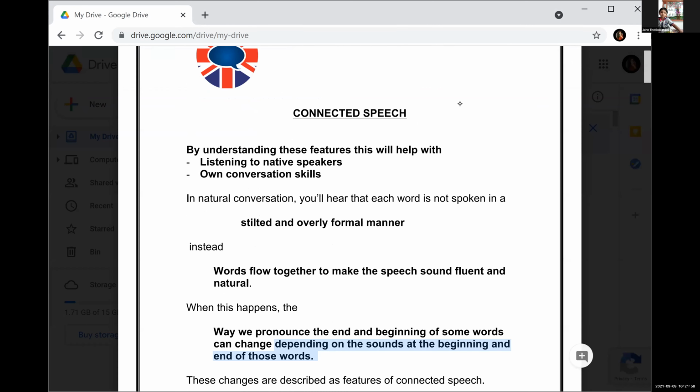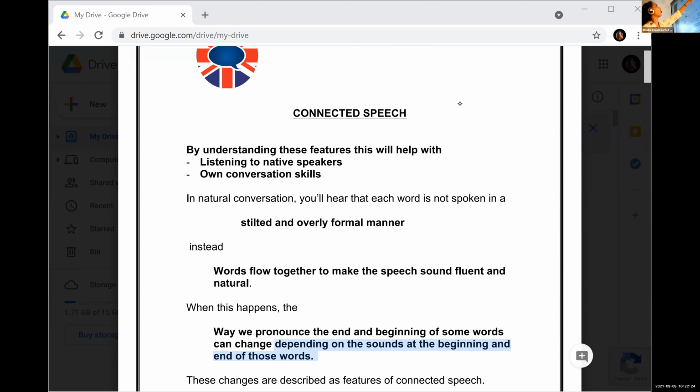By understanding what is connected speech, we will be able to understand native speakers better, and we will also be able to improve our own conversation skills. Yes, all of us want to sound like the Britishers and how the Americans speak English, right?